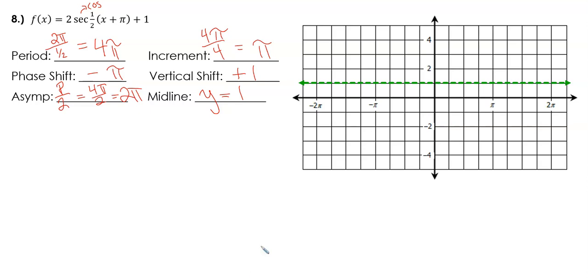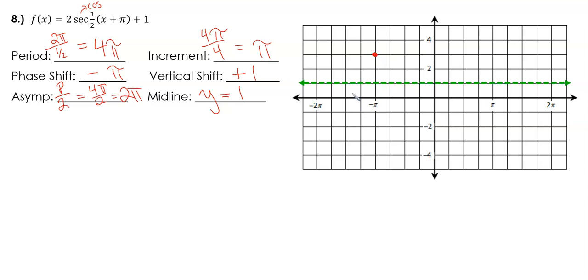If you need to put in those dotted lines, that's fine, but they're not really necessary. We're graphing cosine, which starts at its high point, above our midline. So I would start 2 above my midline. Now, I'm shifting to the left pi, so at pi, I'm going to start 2 above my midline.